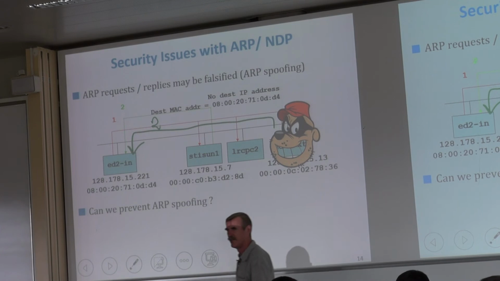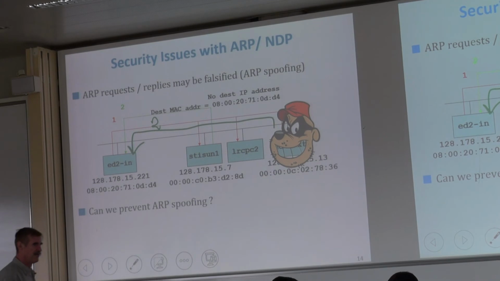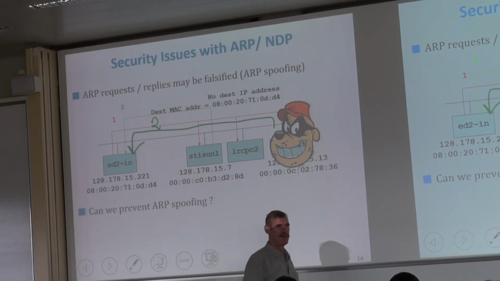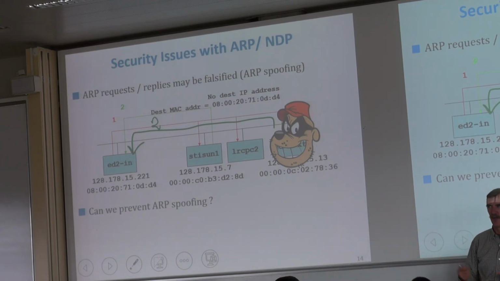Yes? Question? Yes, so the question is what happens if you receive from both of them? Then it depends on what the software will do. If you are well-managed software, you start receiving various replies with high frequency from various machines, then you will think something is going wrong.